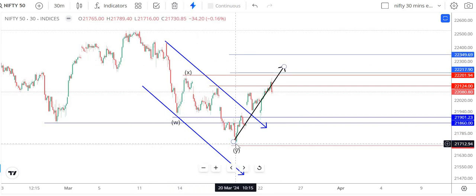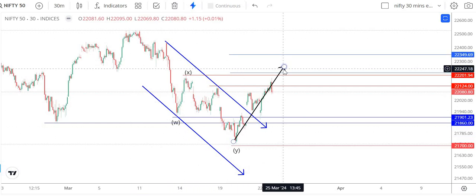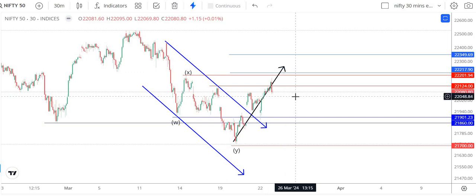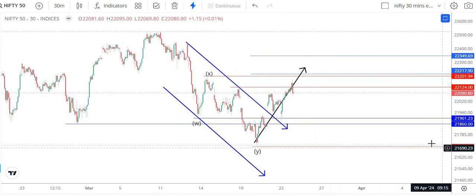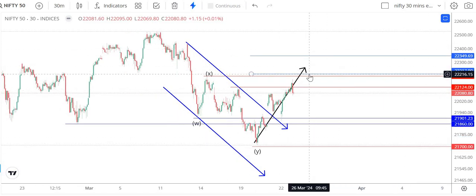This is over. This could be the first leg, and then again a downfall may come, right? So until and unless it is clear above 22,350 or below 21,860, nothing can be said.